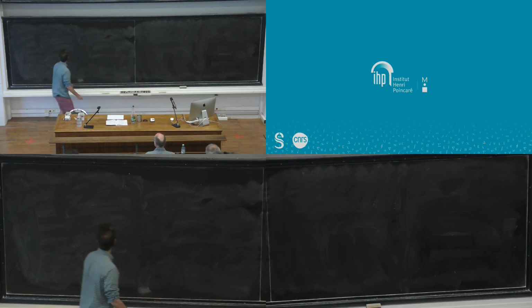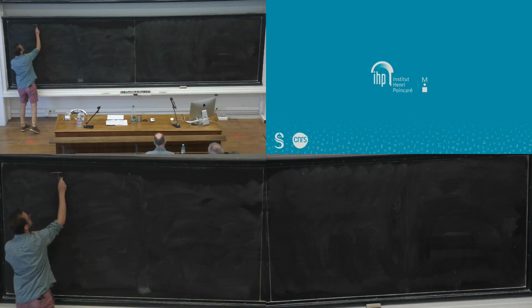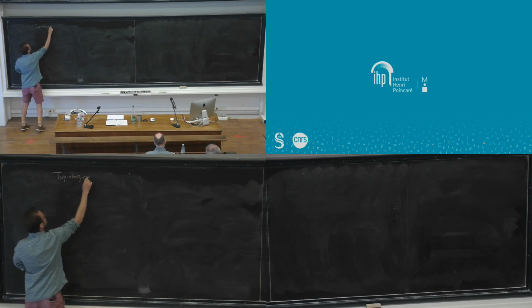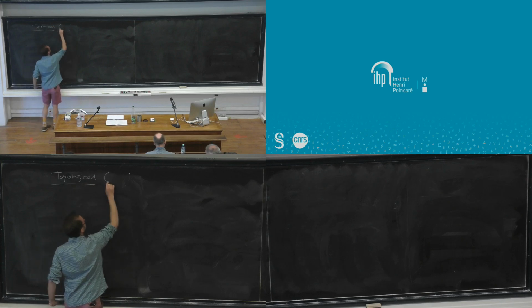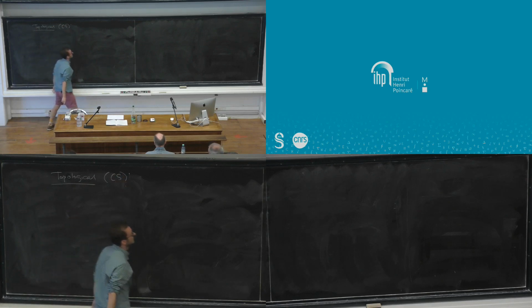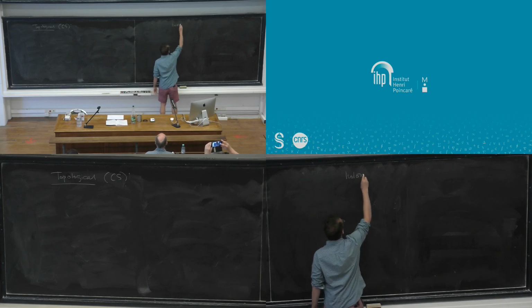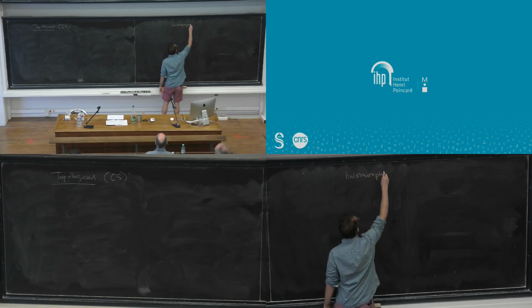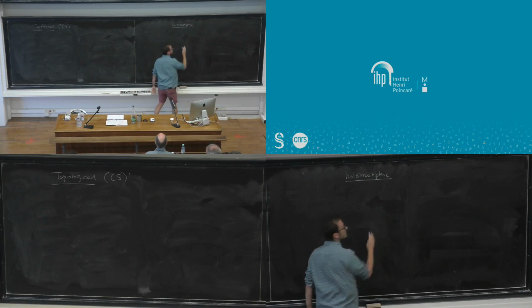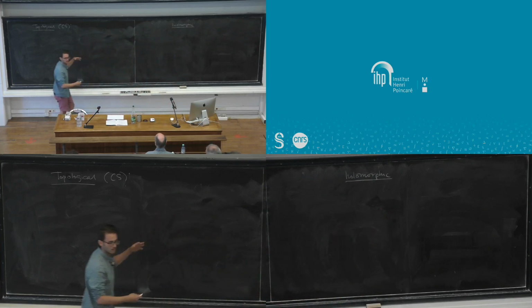Okay. So I'm going to do a topological case on this side. So topological field theory, in this case, Chern-Simons theory. And I'll do the holomorphic cousin on the other side. So I'm just going to give a gloss of these.